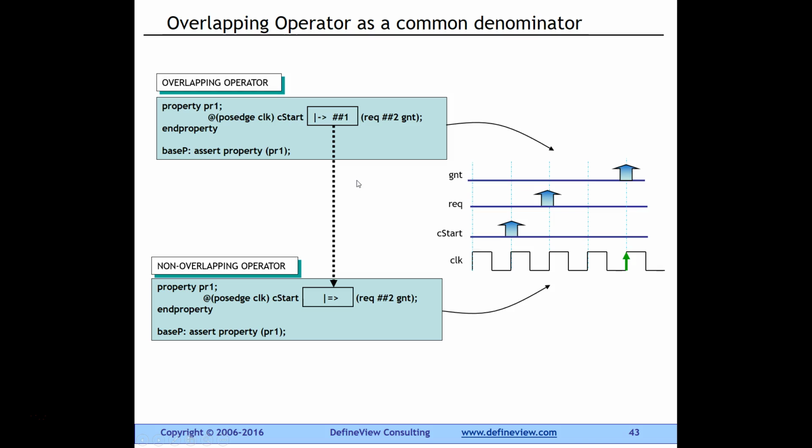That way, when you're debugging, you know that the implication relationship between the antecedent and the consequent is overlapping all the time. And that will definitely help you design and debug your assertions project-wide.